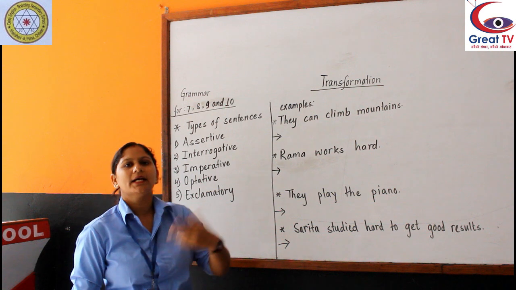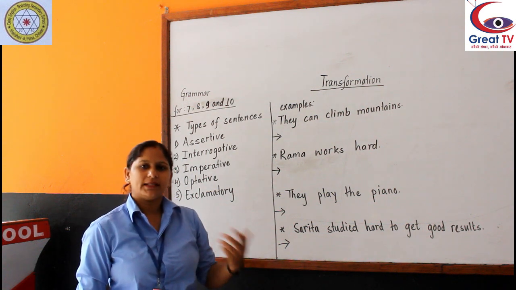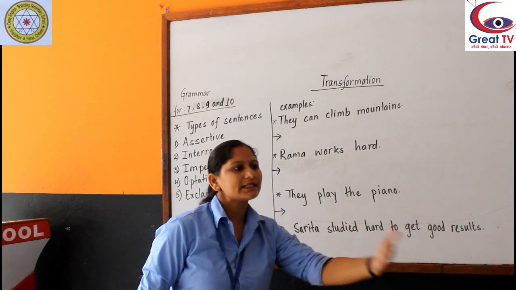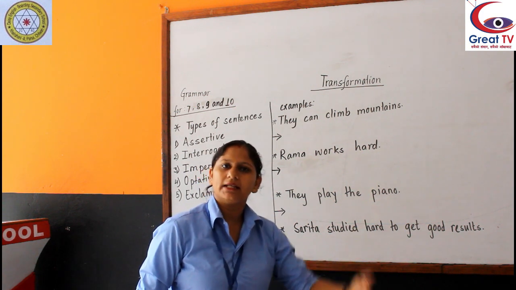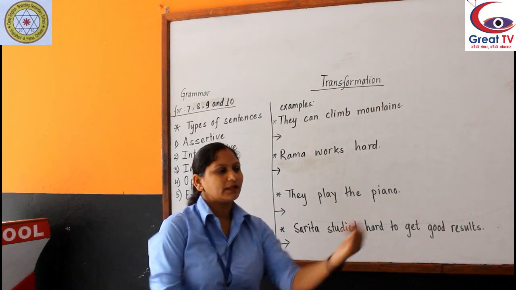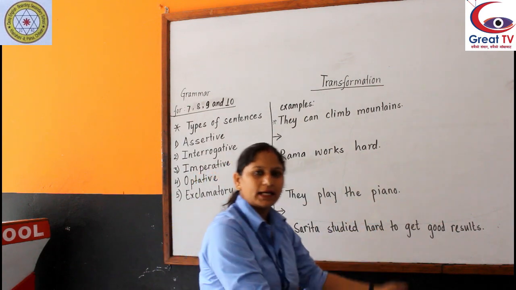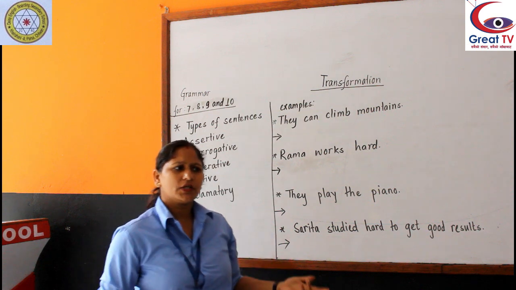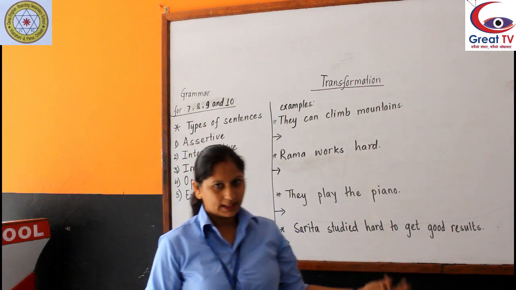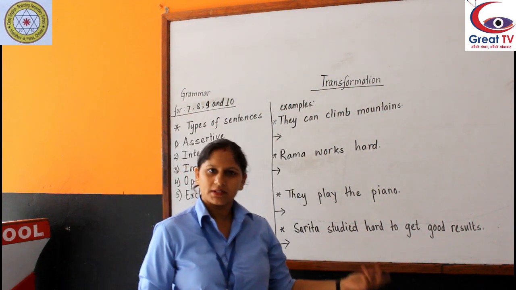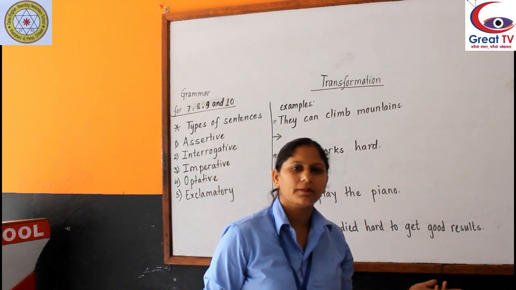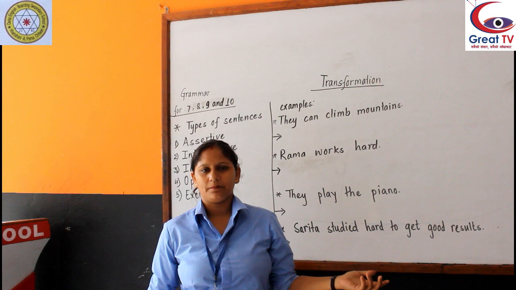And the next one is yes/no question. Yes/no questions are the types of questions that seek the answer in either yes or no. Is your name Sarita? Yes, my name is Sarita. That is a yes/no question. Where are you from? I am from Parsa.